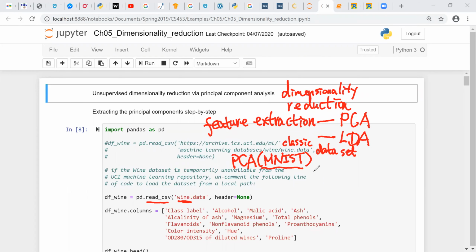MNIST is about, let me just give you a hint, image. Do you remember what kind of image? It's about digits, is it? Handwritten digits.